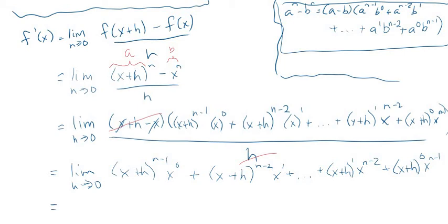So now we've gotten rid of the h, which is the magic rule for first principles. Once we get rid of that h, we can just plug in 0 for h and we can start solving.